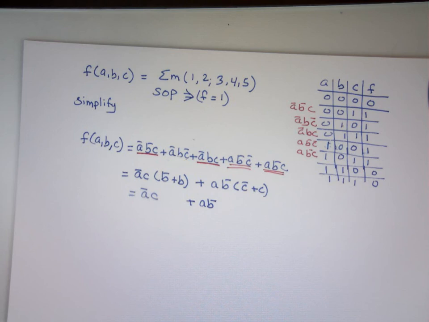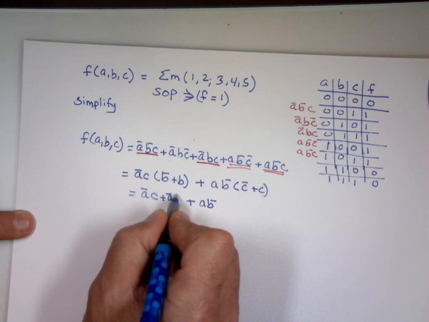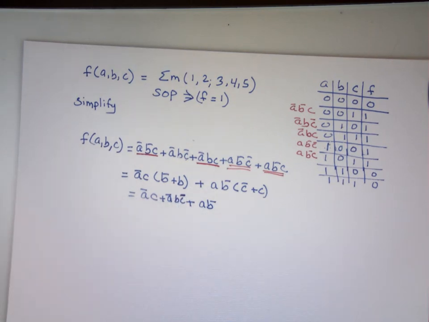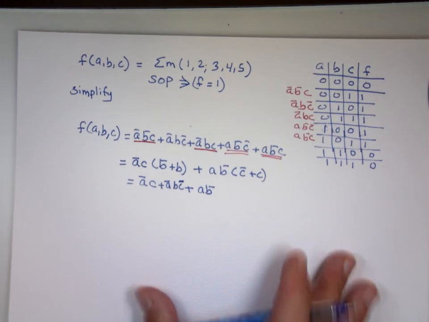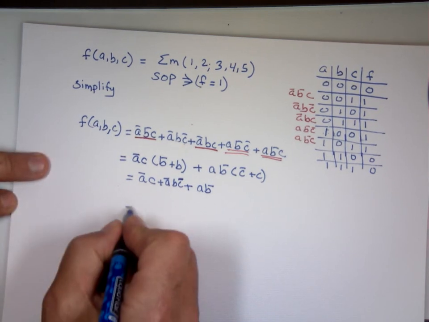And what about this one? Well, let's leave it alone. A bar, B, C bar, right? Now, am I done? Probably not. Let's look at this. These two. I can factor an A out. What's left?